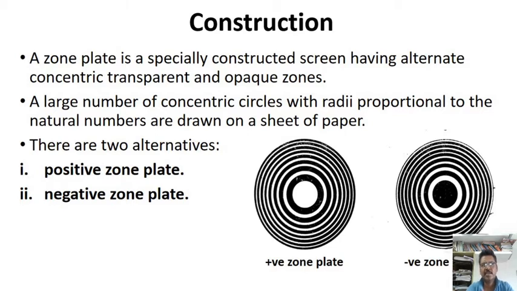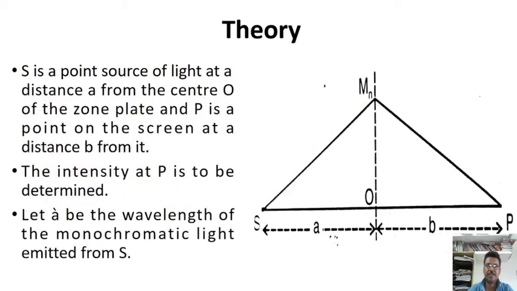A large number of concentric circles with radii proportional to the square roots of the natural numbers are drawn on a sheet of paper. There are two alternatives: one is the positive zone plate, another is the negative zone plate. At the center, if we get bright, that is a positive zone plate, and if we get dark, that is a negative zone plate.